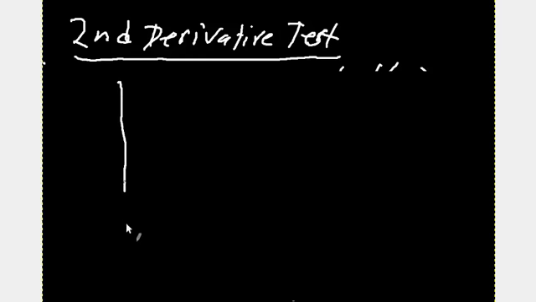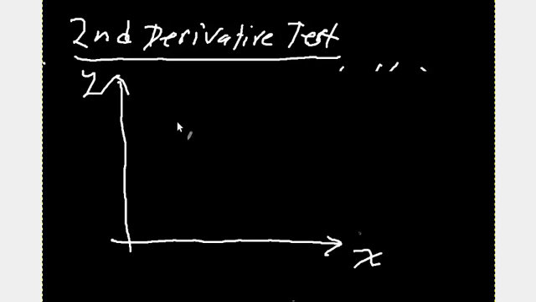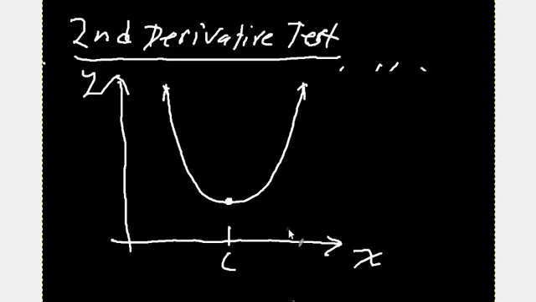So here we go. This time we'll have a graph where we have a local minimum. And again, we'll say that that's about there. So I'll call that point C. Now, if we look at the slope of this graph and kind of ride the curve and let x increase, we see that the slope is extremely negative here.